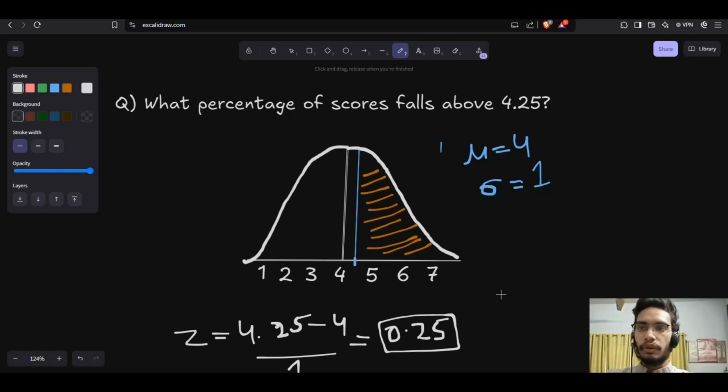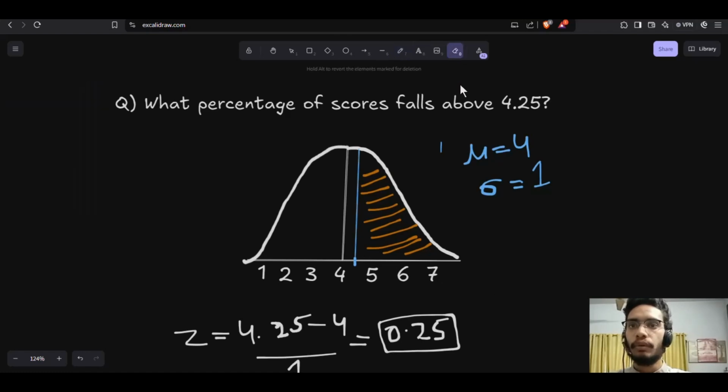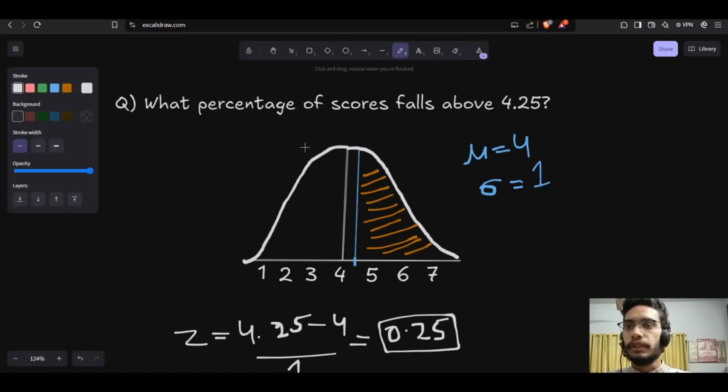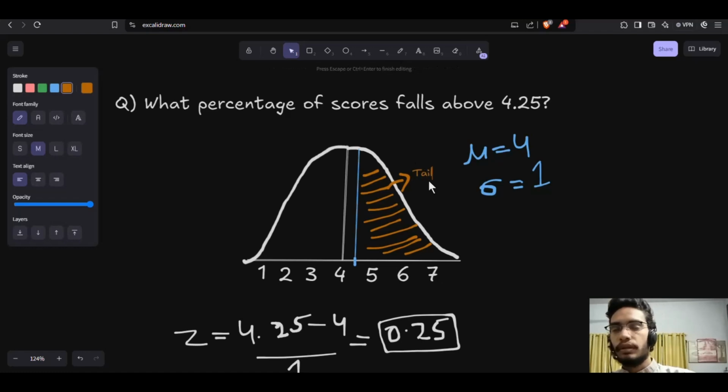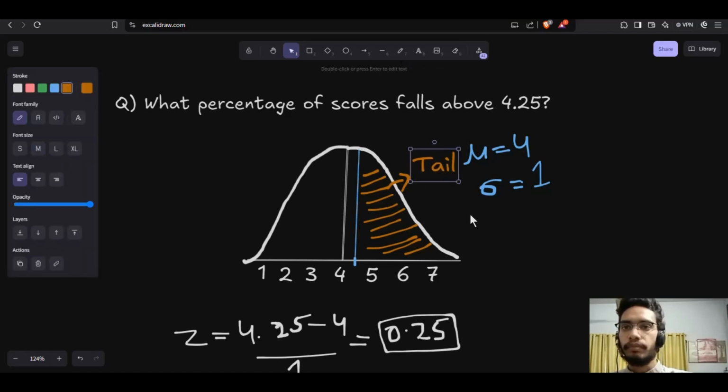Now what's next? Let me just explain one more thing here. Now this region that I highlighted here, this one is known as the tail. What is it called? A tail, right? This one is known as a tail.